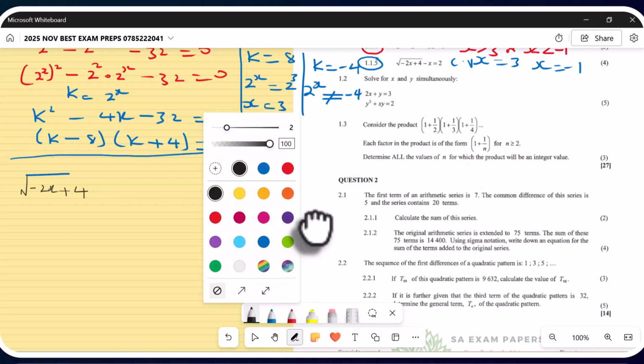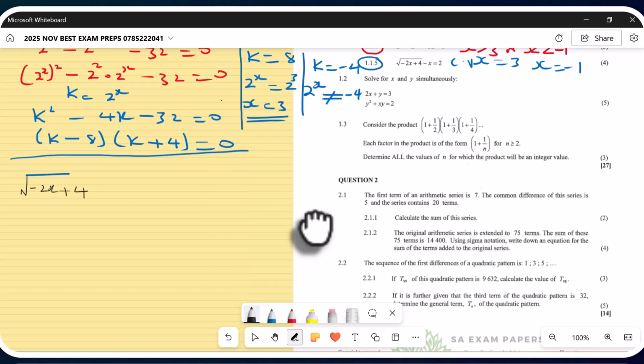Now you can see that I can go ahead and square both sides, okay? If I square both sides, I'm going to have a square cancelling the root sign. So I have negative 2x plus 4 equals, now squared, x squared plus 4x plus 4.